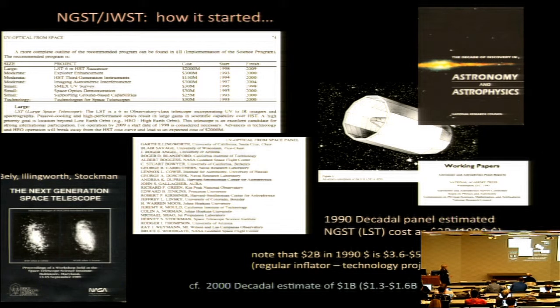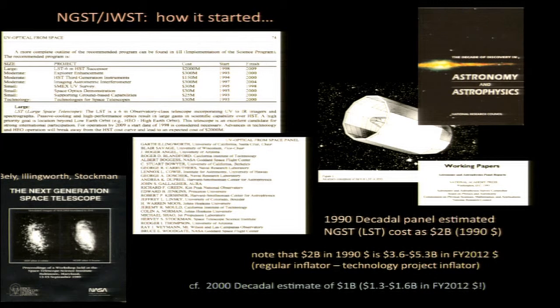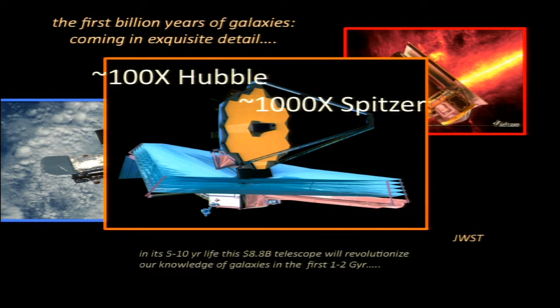This turns out to be, in current dollars, between 3.6 and 5.3, depending on the inflator, which is an awful lot closer than the decadal survey a decade later actually came up with, which was $1 billion, which would be 1.3 or 1.6. And as you know, JWST is now 8.8 life cycle cost. So it was just interesting to look back on those old discussions.